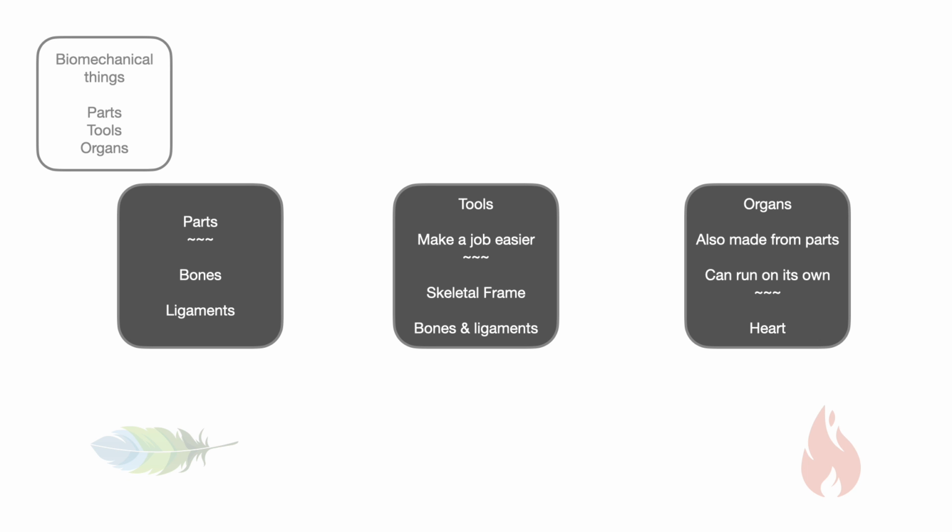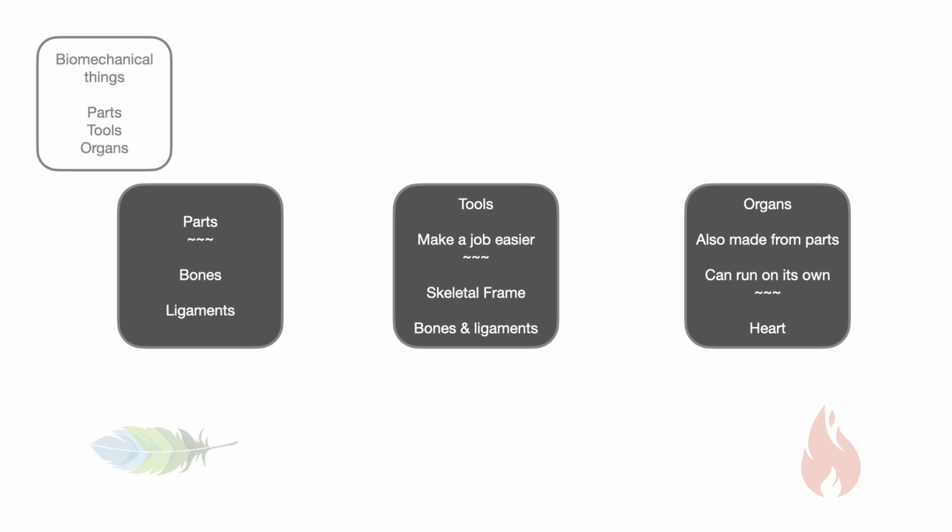So for biomechanical things, we've got parts, tools, and organs. A lot of times I'll use the word mechanism in place of tool, and I don't do it to specify anything differently.